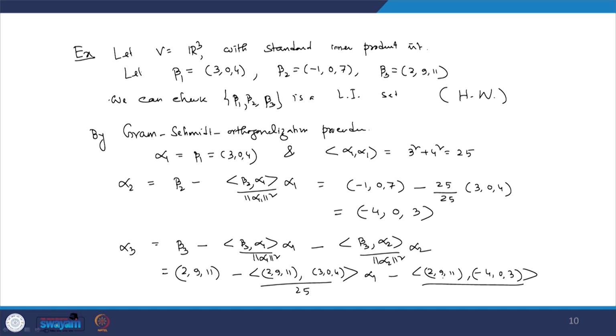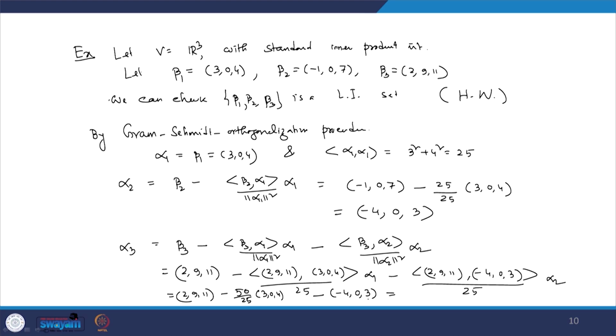Alpha 2 square is equal to 16 plus 9, again 25, into alpha 2. So, this can be calculated, it will be equal to 2, 9, 11 and this will be 50, 50 by 25 into alpha 1, alpha 1 is 3, 0, 4, and minus this is equal to 25, so again minus only alpha 2 is equal to minus 4, 0, 3.